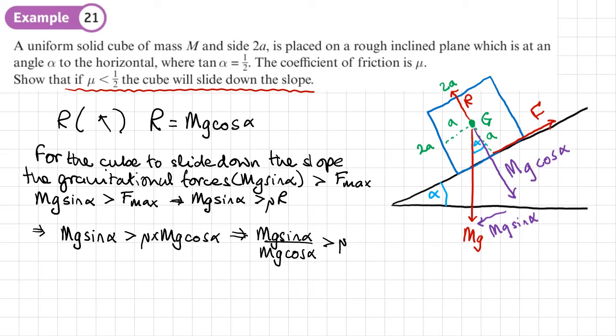Now we'll flip that around, flipping the inequality, so mu is less than mg sin alpha over mg cos alpha. So the mg's cancel out. That just leaves mu is less than tan alpha. But in the question, it tells us that tan alpha is a half. So from that, we conclude that mu needs to be less than a half, as required.